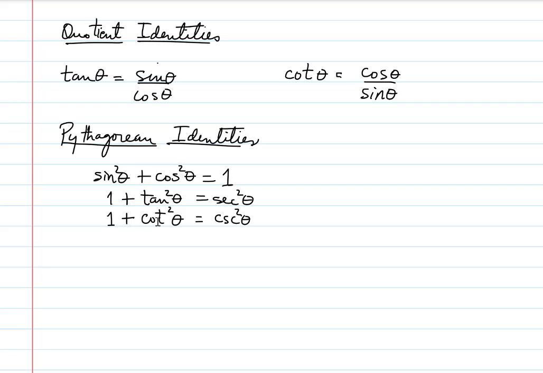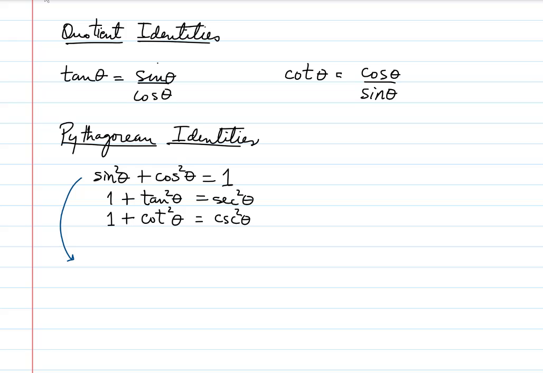But all of these could easily be proven with that basic definition. So I'll just prove one here. And you can do the other ones as an exercise. But they're pretty straightforward. Now remember, the only thing we know right now is the definitions of each of the trig functions here. So let's say I wanted to prove this one here, right?